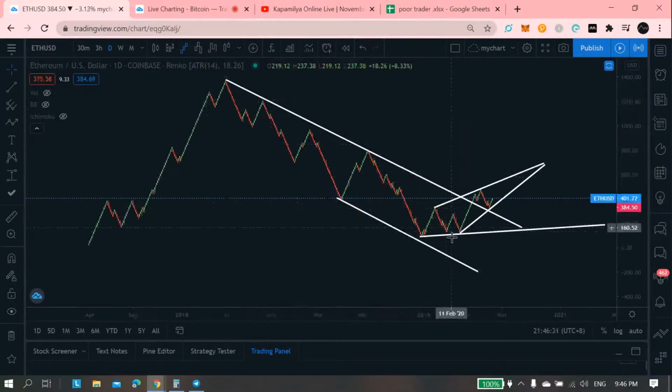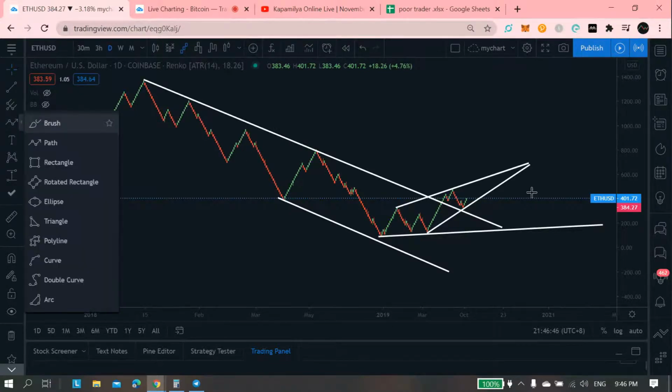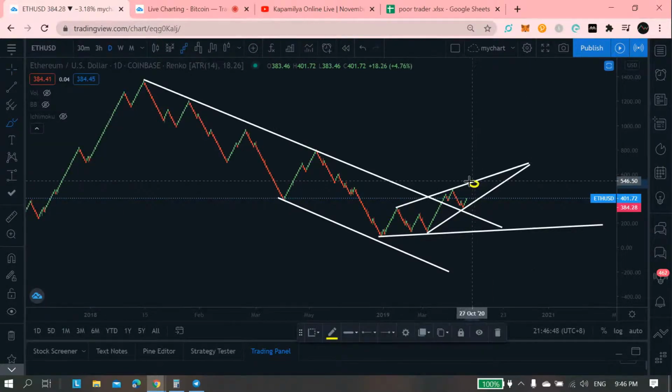It was a long-term downtrend, and it broke that long-term downtrend, and now is currently trading within this channel, and could possibly retest this resistance of around the 500 area. This is the resistance I'm currently looking at, and if it will not break this area, possibly trade back here.